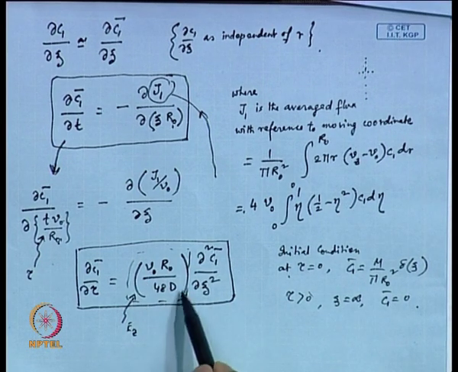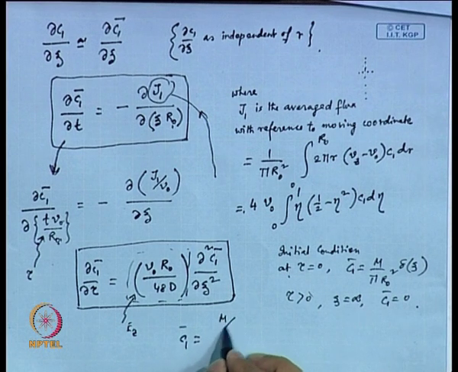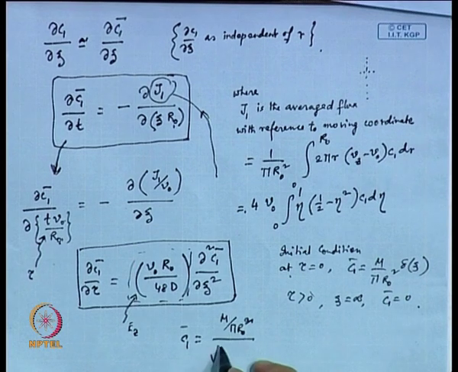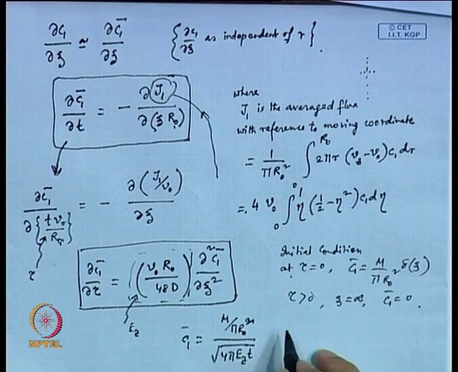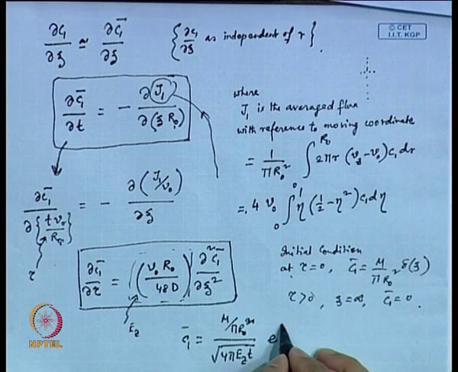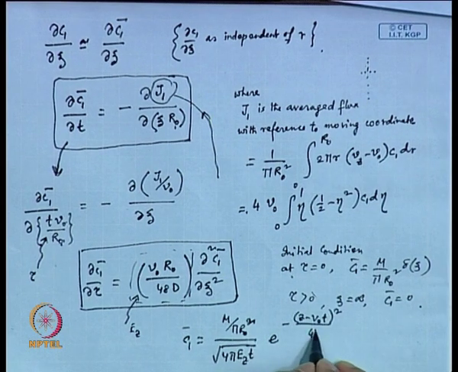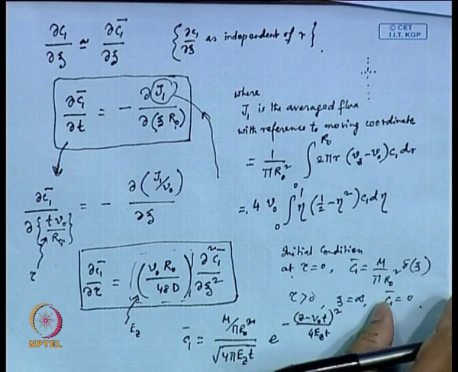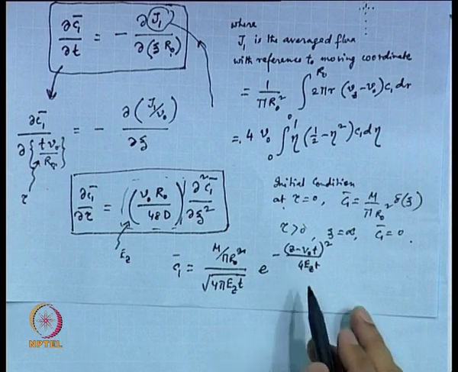Instead of d you have this Ez term appearing, and so you have the solution which we have written earlier: m by pi r0 square divided by square root of 4 pi Ez t, e to the power minus of z minus V0 t whole square divided by 4 Ez t. So, this is the term that you had.